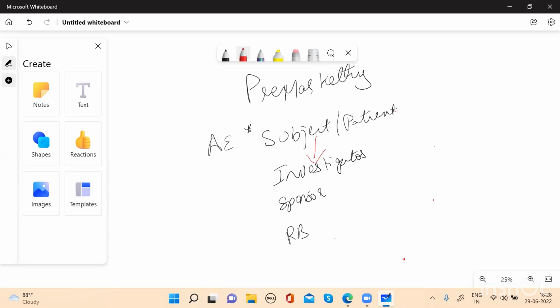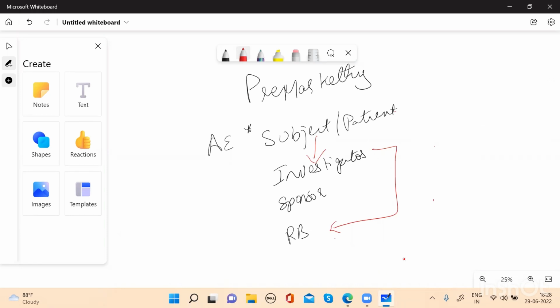Now the investigator also cannot directly report to regulatory bodies, because the investigator does not have the contact details, or the drug in market. He cannot tell the regulatory body that this drug has given this adverse event, because it is still in the research model.